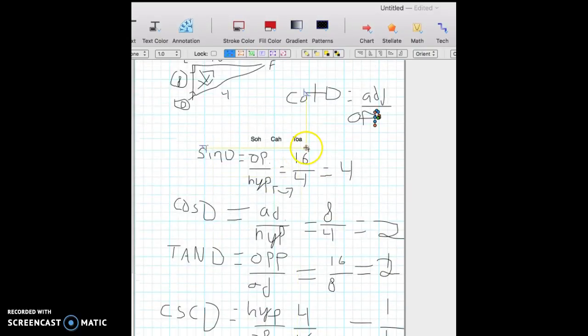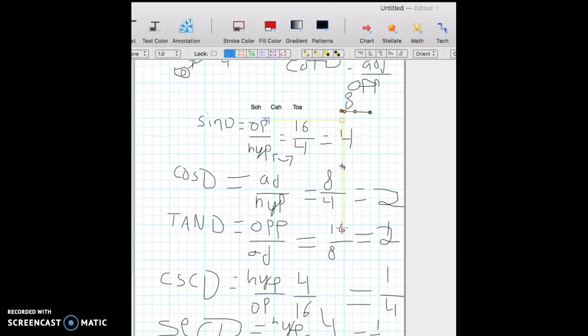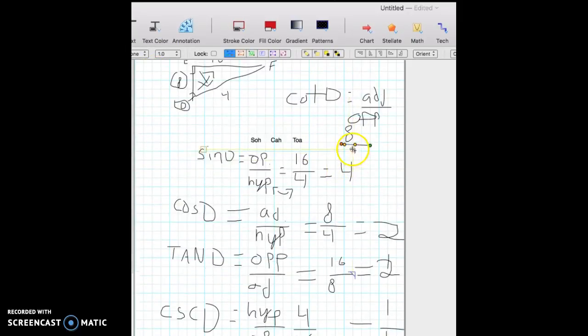So now it's going to be 8 over 16, which is once again going to leave us with 1/2. Basically the total opposite of what our tangent was.